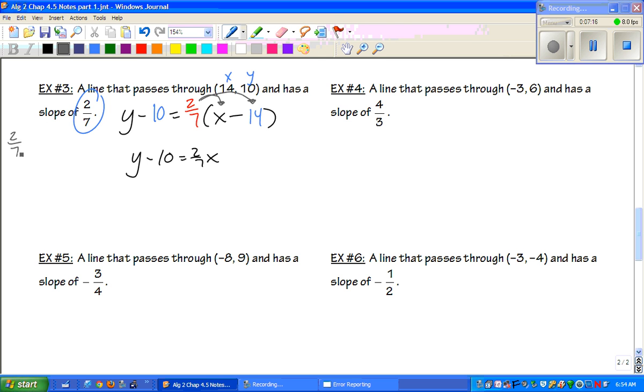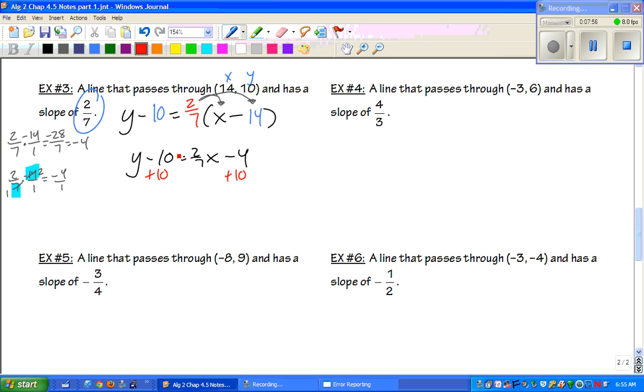But then off to the side, we have 2 sevenths times 14, and that's 14 over 1. We've talked about doing this 2 ways, where you can just multiply across, and you get your answer that way, which ends up being 4. Or, when we do the kitty corner reducing, looking at the 14 and the 7, that's supposed to be a 1. 7 goes into itself 1 time, and it goes into 14 2 times, and you're going to get the same thing. So it's pretty much however you want to do it.